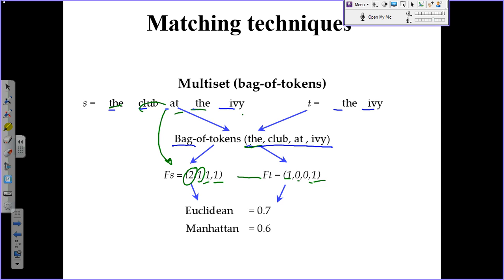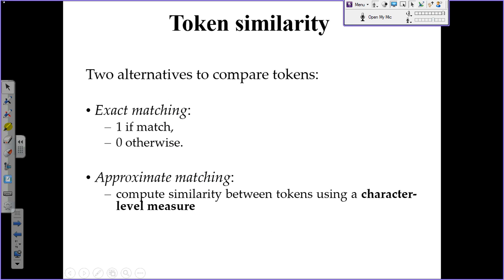In a document where you are repeating the same words many times, it will actually work out. So there are many different ways to do token similarity: exact matching with just 0 or 1, or approximate matching using character-level measures like edit distance.